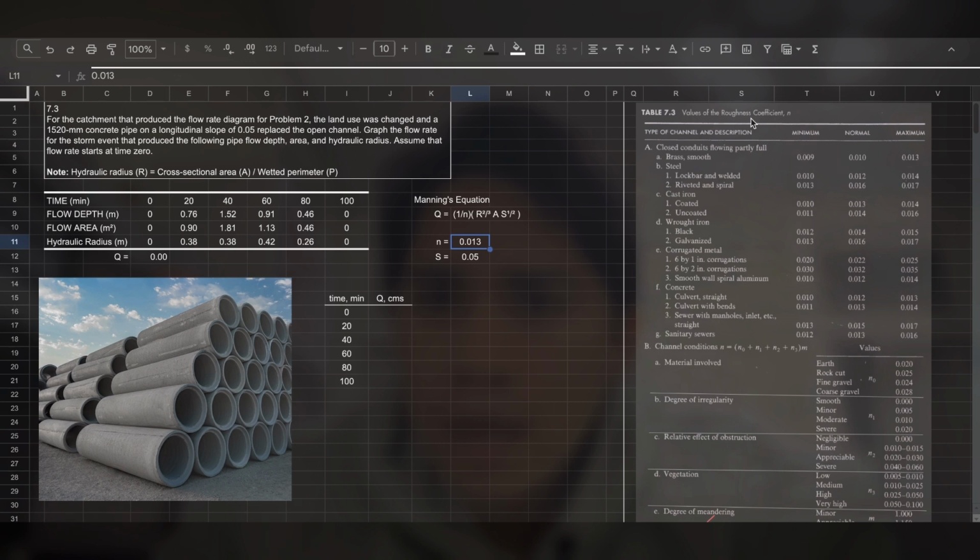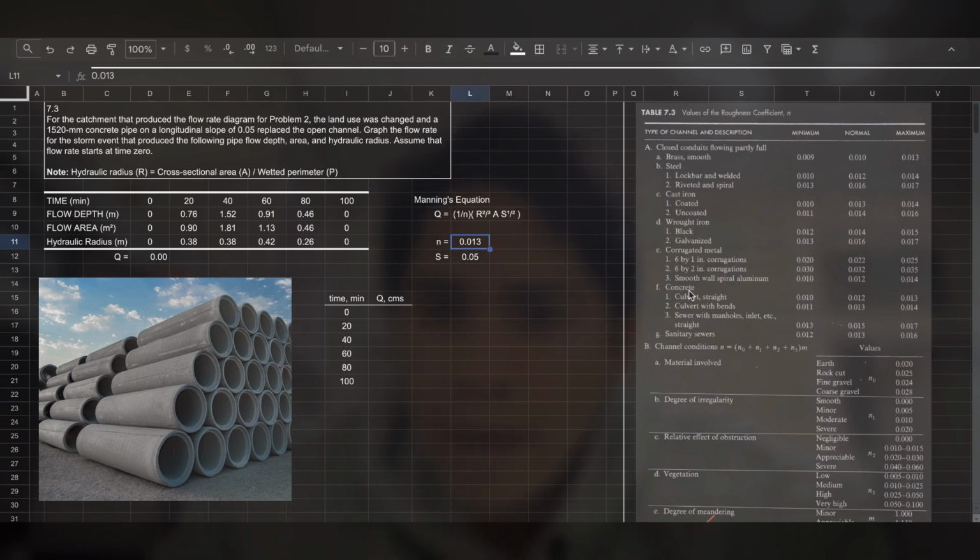And we have the roughness coefficient value for the Manning equation. We have it for closed conduits flowing partly full, which is A in this table, and B for channel conditions. In our case, it's a pipe, it's a closed conduit, and the water is most likely flowing partly full. It's not completely full in the pipe, and it's made out of concrete.